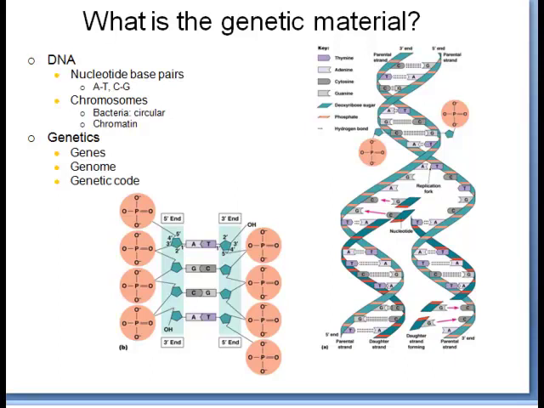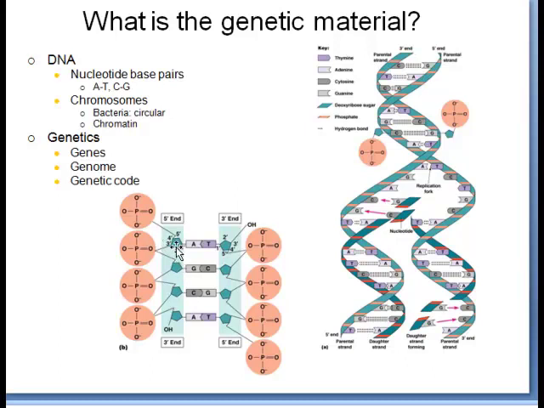DNA is made of nucleotide base pairs that you have studied earlier in other biology classes, and the nucleotides that pair up in DNA can be adenine, thymine, cytosine, or guanine. If you remember those from other biology classes. Now, each nucleotide pair is linked up to form a long strand of chromosome.